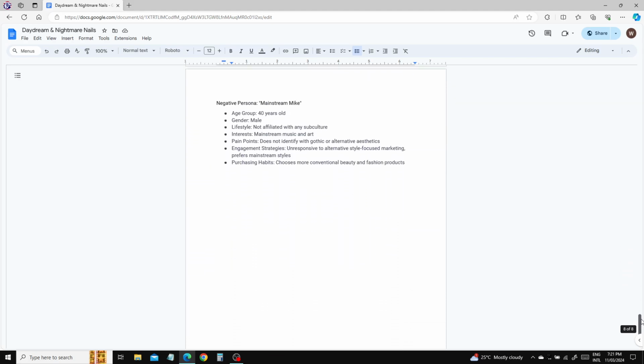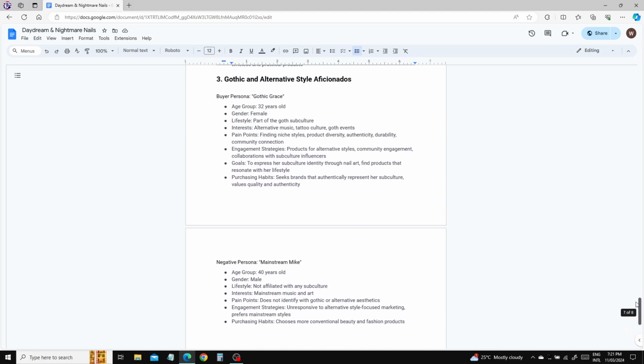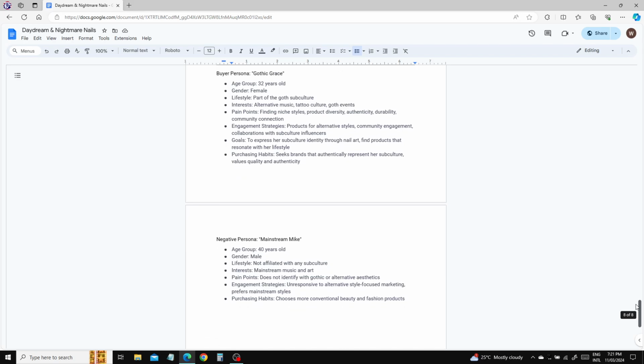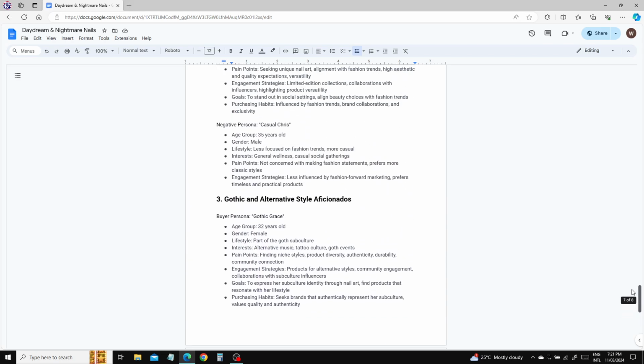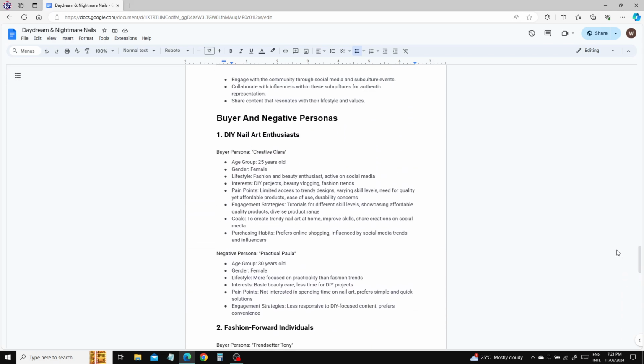And as you can see, here's the rest of the buyer persona and negative persona. These are really important aspects to actually have. Now, some marketers will use buyer and negative personas, some don't put any stock into them. I personally put a lot of stock into them.